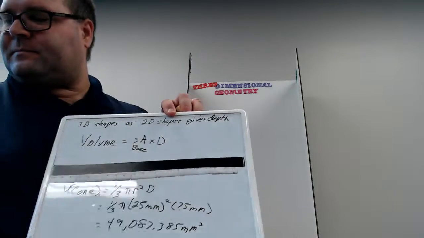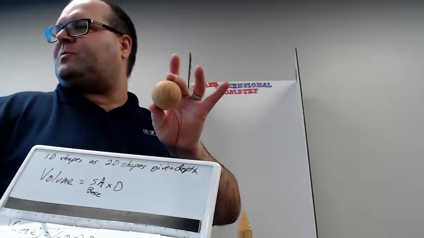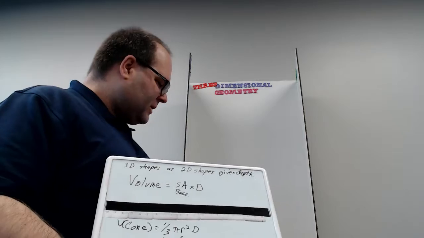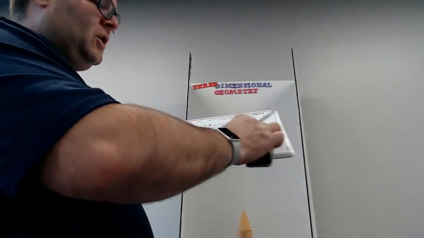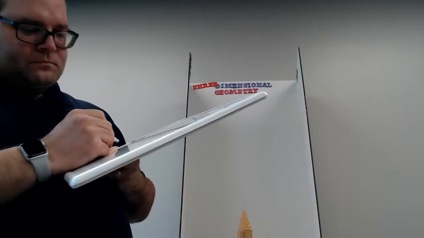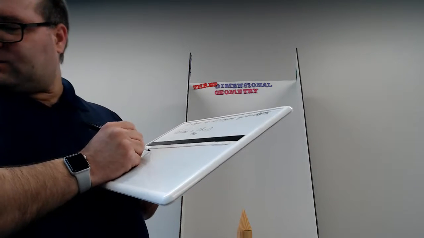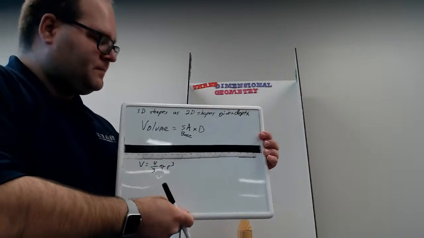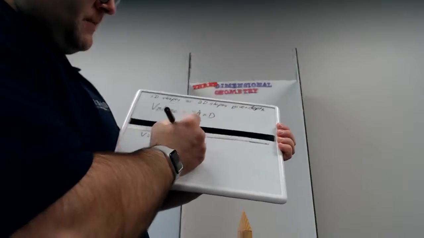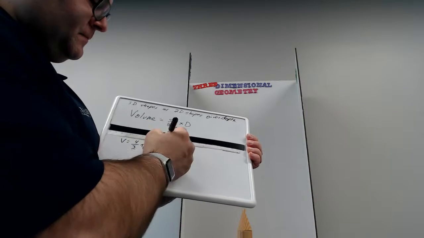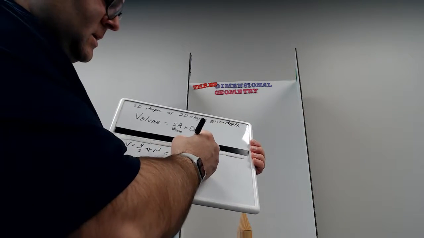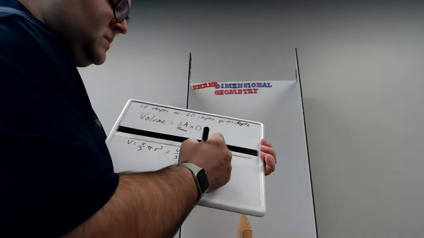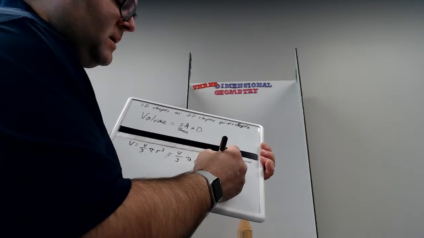A sphere, like a scoop of ice cream that can go in our cone, has its own formula for volume as well. And that formula is 4/3 times pi times r cubed. Our radius here is still 25 millimeters.